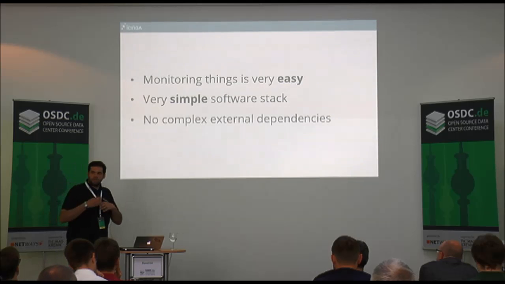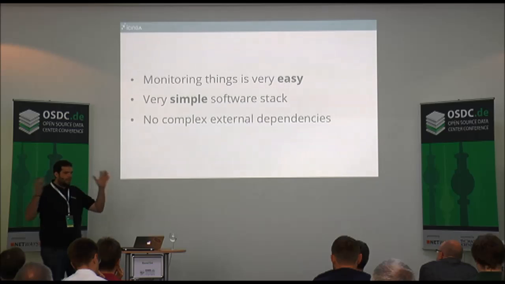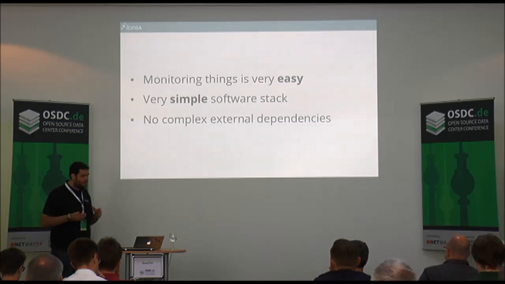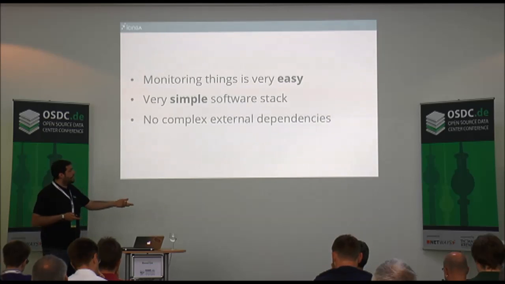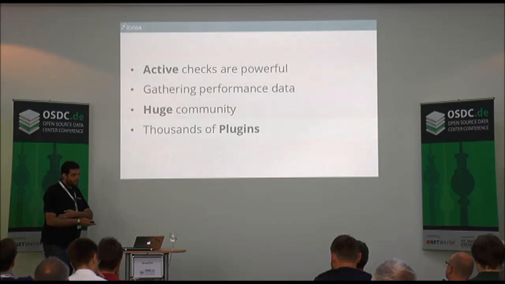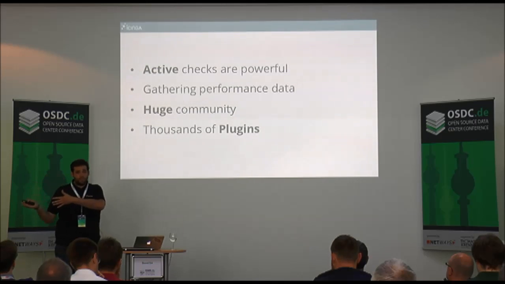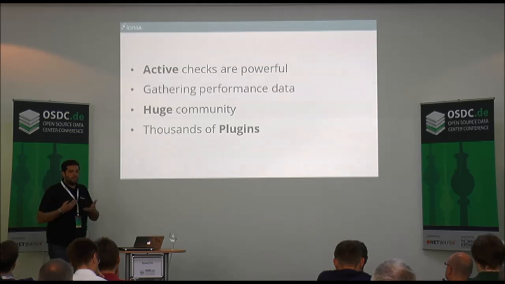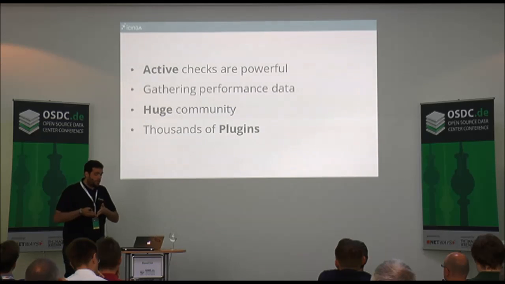So Nagios is just an install. You don't have to have a database or RabbitMQ or whatever. You don't need a cloud to run it. It's really easy, just a process. You don't have any external dependencies, so it's really easy to just execute some stuff. This active check thing, so you can do agent-based checks with Icinga as well, or with Nagios, but these active checks is a very powerful thing, that pressing a button and really see the status which is going on now.